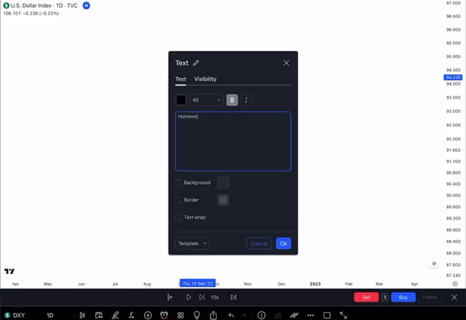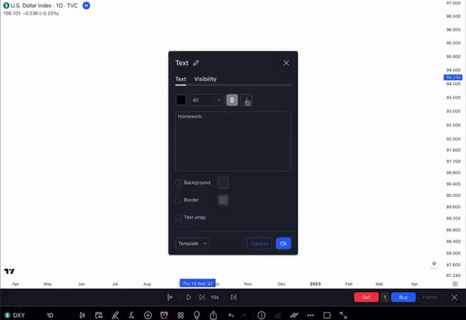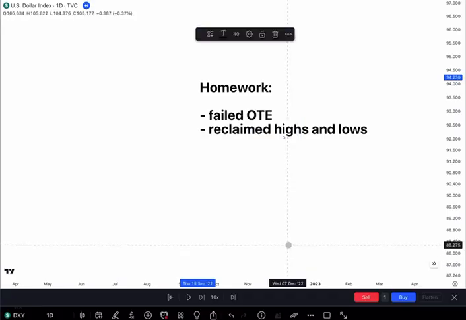Because if you're not at the advanced level, then you are better off studying the basic PD arrays and then moving on to those. So failed OTEs and reclaimed highs and lows, right?